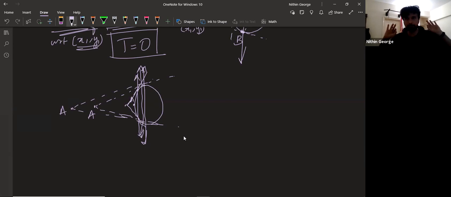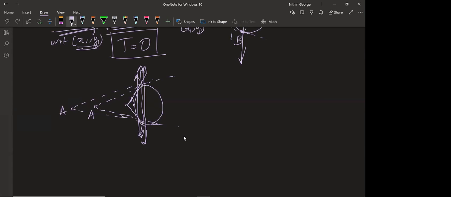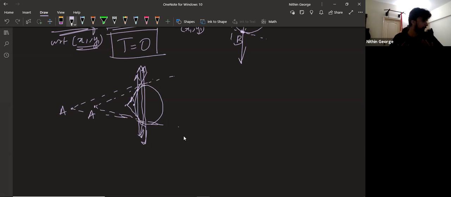Is this much clear to everybody? Yes, sir. So for all of them, you're learning the sections in one go. That is what is happening essentially. Chord of contact is done.